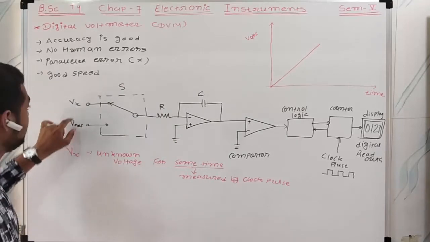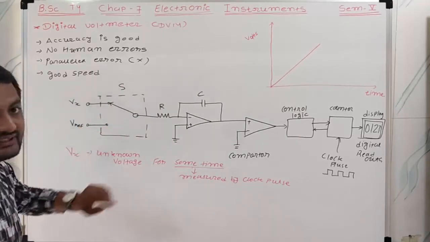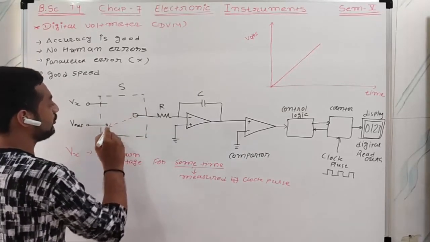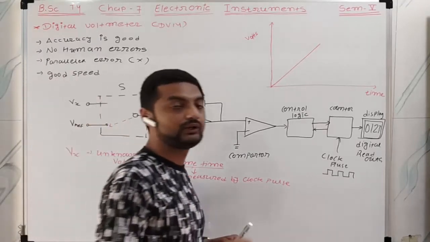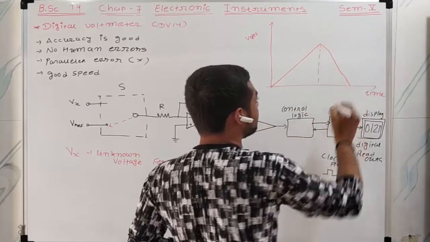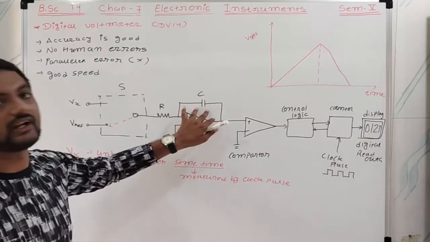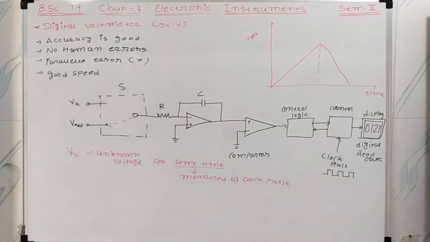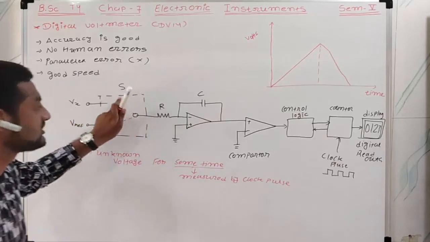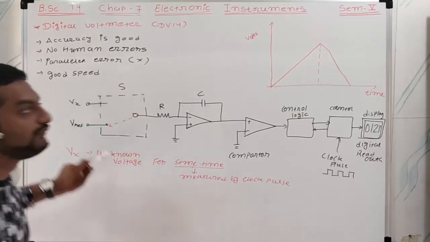અને when we move this switch to the reference, જ્યારે આ સ્વિચ ને અહીંયાની જગ્યાએ આપણે આવી રીતે કનેક્ટ કરશું, at that time what happens? This voltage starts decreasing, એટલે કે કેપેસિટર હવે ડિસ્ચાર્જ થવાનું ચાલુ કરશે. સમજમાં આવી ગયું? તો આ જે ડિસ્ચાર્જ કરવાનો જે રેટ છે એ કોના ઉપર છે અને ચાર્જિંગ થવાનો રેટ કોના ઉપર છે? તો discharge ક્યારે થાય છે? જ્યારે we are applying V reference.